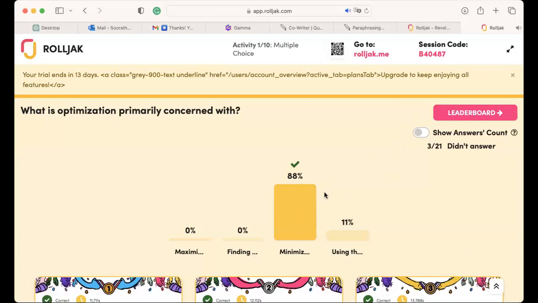All right, 88%, and the correct answer is C. 11%, sorry about that, but the correct answer is C, minimizing or maximizing some objective.